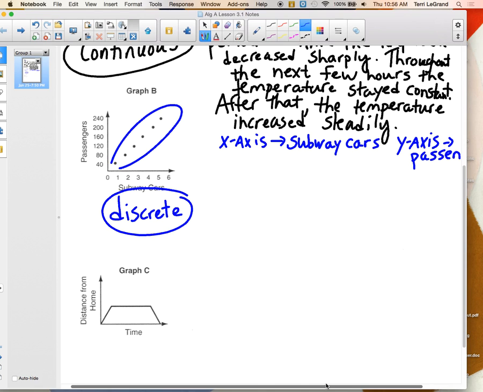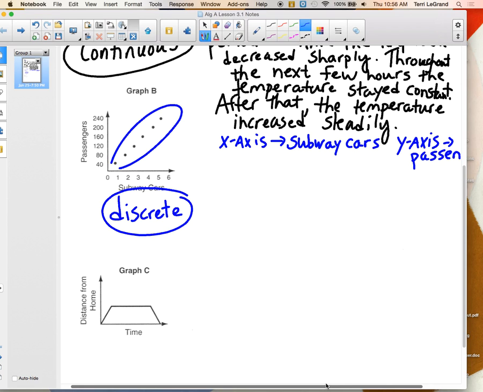Julia? As the number of subway cars increases, the amount of passengers. Is it doubling every time? 40 to 80, that's a double. How about 80 to 120? Is that a double? No, I don't think so. It just goes up. It's going up 40 at a time, right?